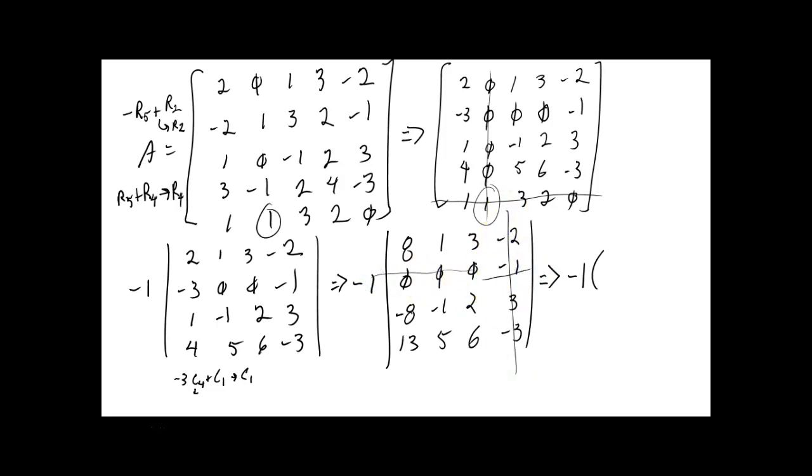What's the first question we ask ourselves? What's the sign of that position? Plus, minus, plus, minus, plus. It's a plus or minus 1, so it's another minus 1. So that will be a minus 1. And then what's the determinant you have left?